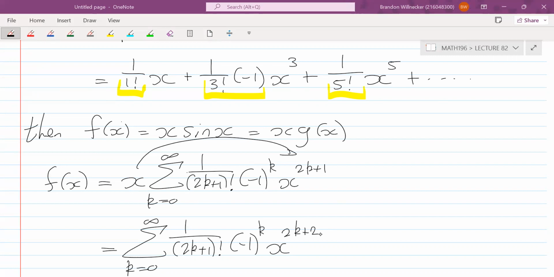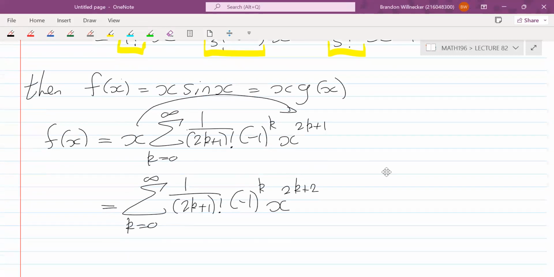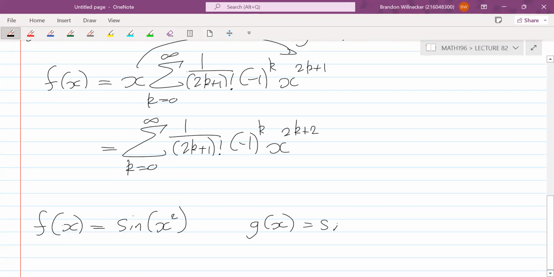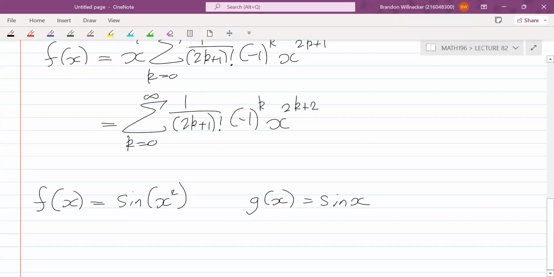Now, this is not part of the test, but if we had something similar, but instead of having a product of functions, we have a composition. So let's say we had f of x is sine x squared, for example, then instead of finding the derivatives of sine x squared, instead we can find this function g, which is sine x.